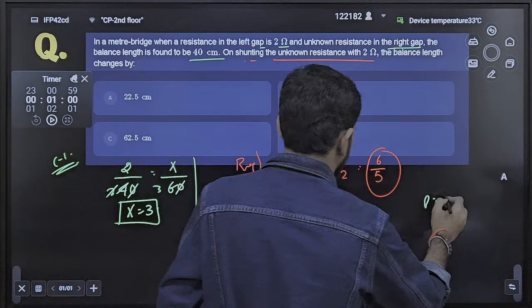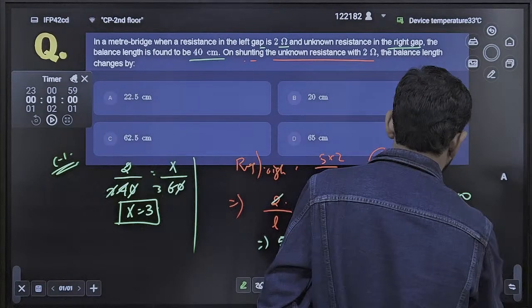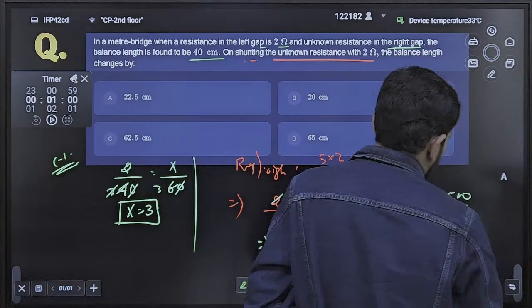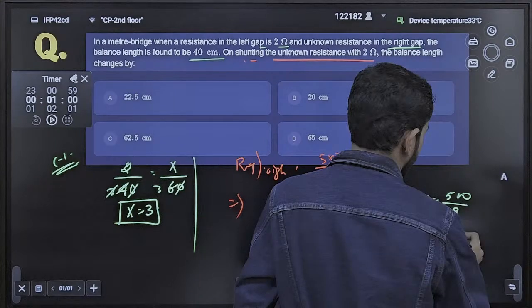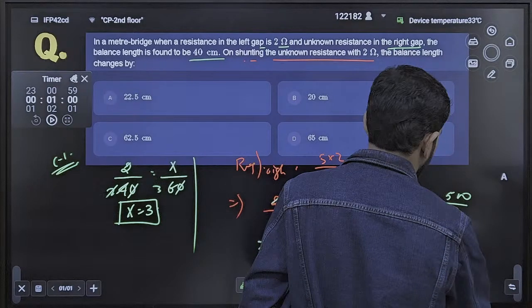L is equal to 500 divided by 8. Now calculate how much you will get. If you are dividing it by 2, it will be 250.